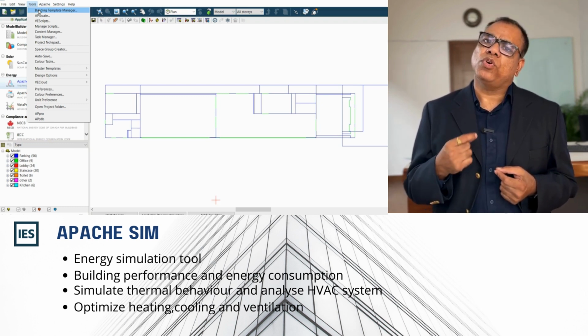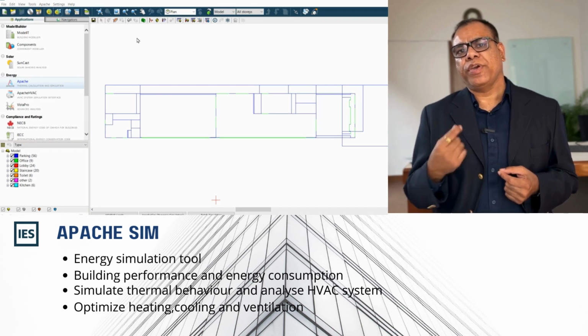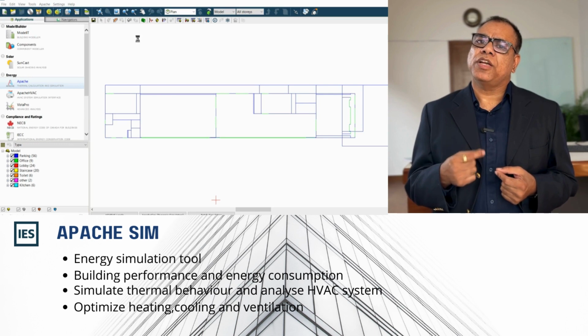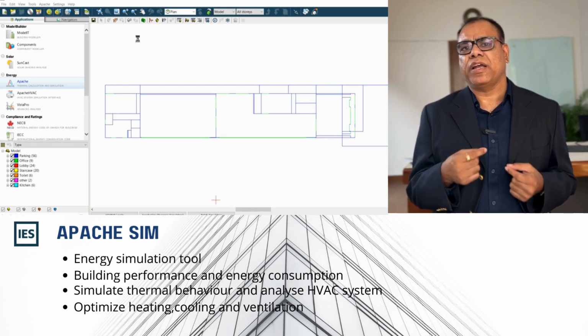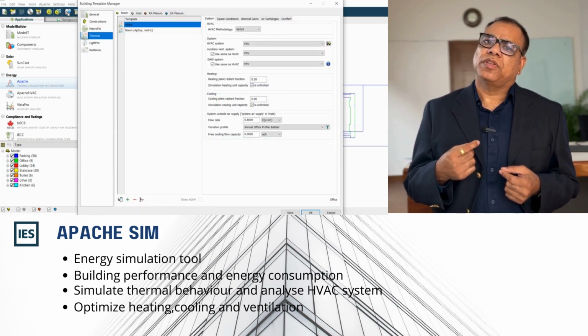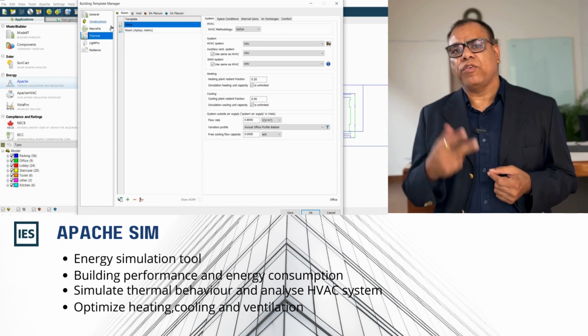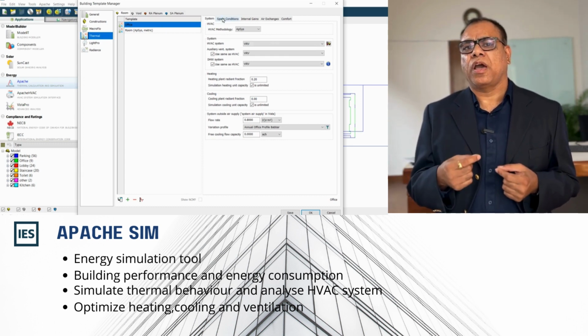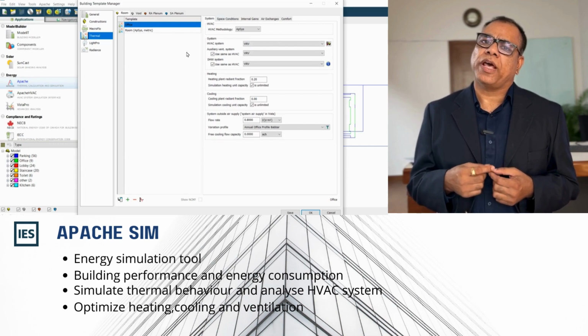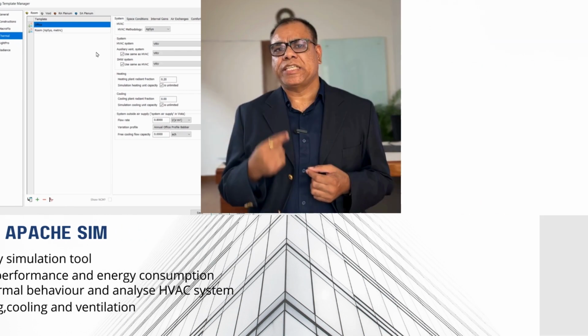But if you want to go to the advanced level, wherein you want to optimize your HVAC system and you want to define your system types, whether it is VRF or a split unit or having the cooling towers, all those things can be defined by using one more application that is known as Apache HVAC.